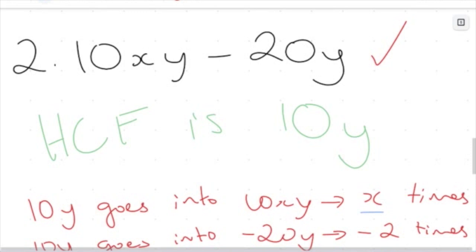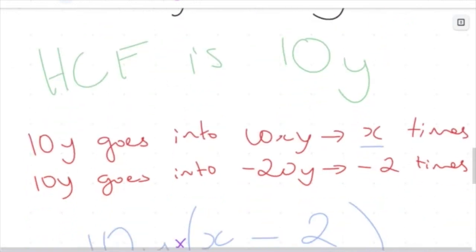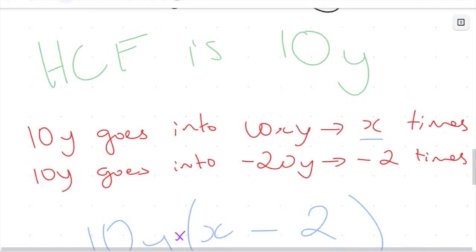So just to summarize, when we want to factorize something, we are doing the opposite of expanding. And what we want to do is we first find the highest common factor, the biggest number that goes into both of my terms here. And then I just want to see how many times it went into each of these terms. That's what this little red writing here is.